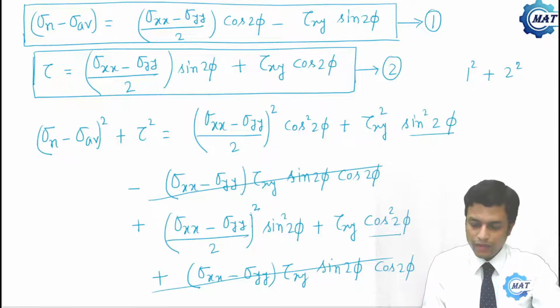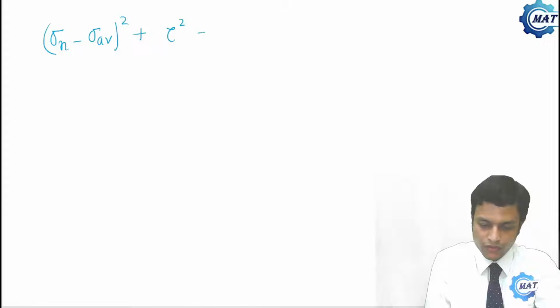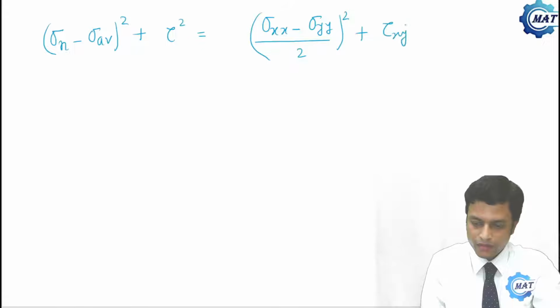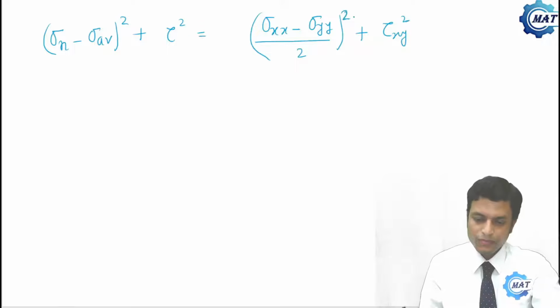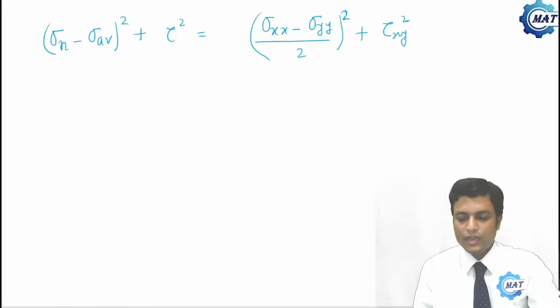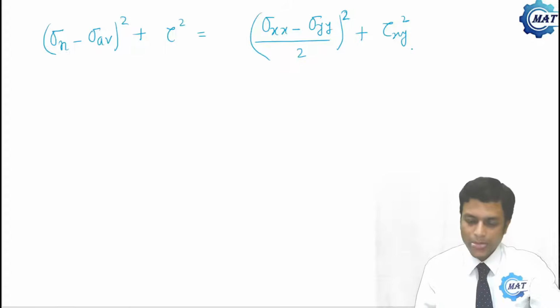So ultimately sigma n minus sigma average square plus tau square is sigma xx minus sigma yy by 2 whole square plus tau xy whole square. So same equation as biaxial stress, only tau xy square at the right hand side has been added.